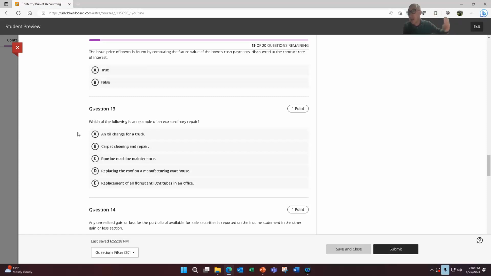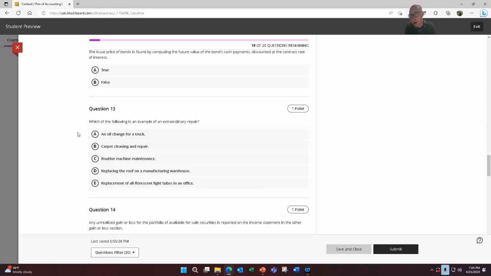Extraordinary repair extends the useful life of the asset. Oil changes don't do that. Carpet cleaning, that's not it. Routine maintenance, definitely not it. Remember, extends the useful life of the asset.